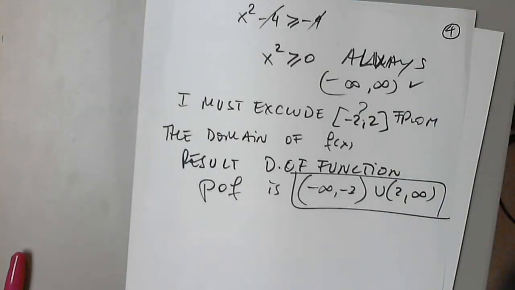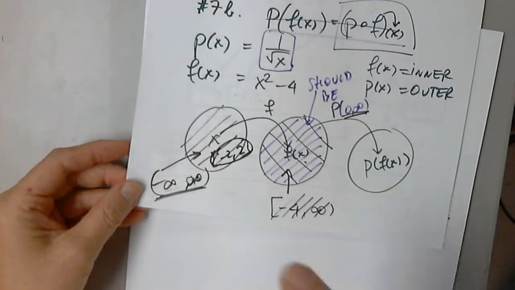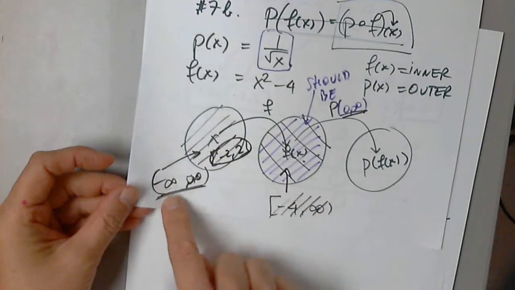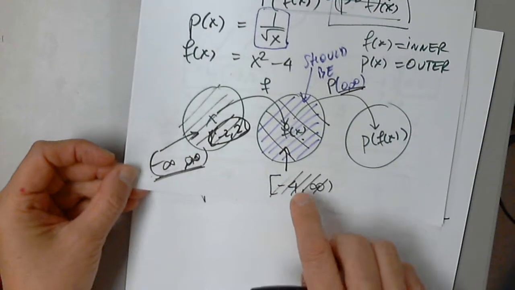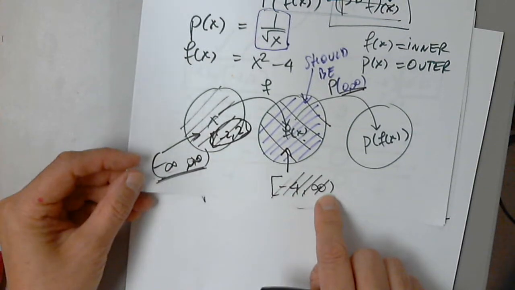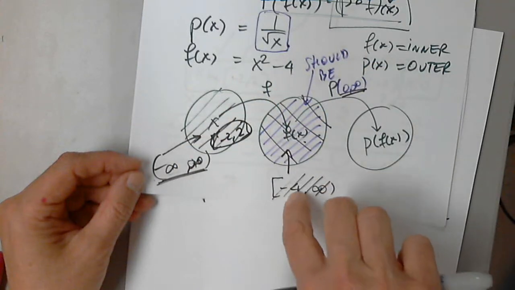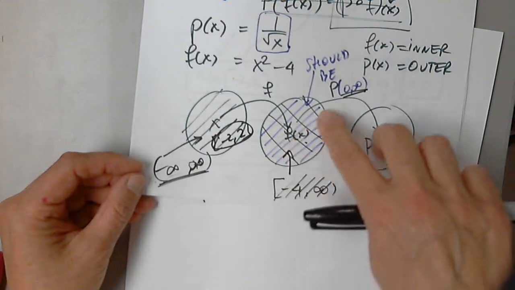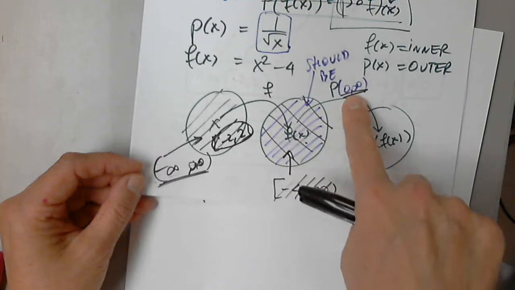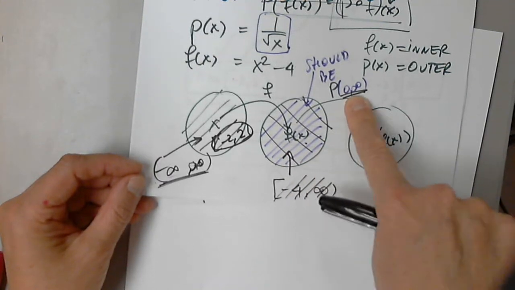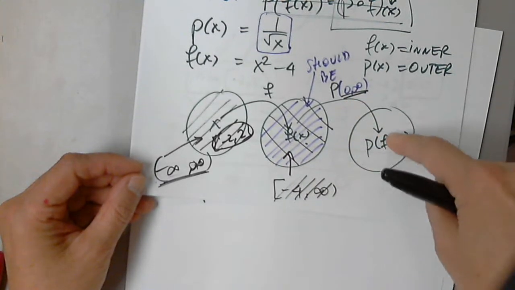So let me just say one more time and we can put this to rest. F applied to any real number results in -4 to infinity. So if I pick a number here and I get 0, or let's say -1, P cannot be applied to -1 because the domain is 0 to infinity. So I can never get here.